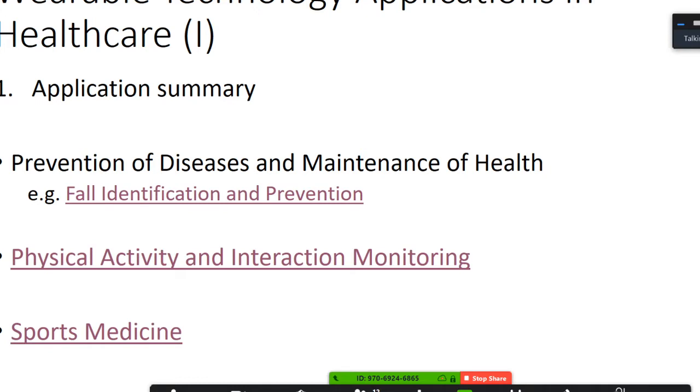But when they start to change their gait, the balance becomes worse, and then they are more likely to fall. So we need to tell them to be careful, and maybe even let them use a wheelchair. And also let them do exercise to improve their walking balance.